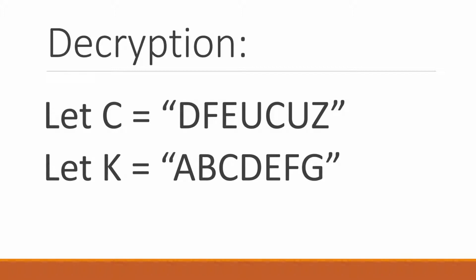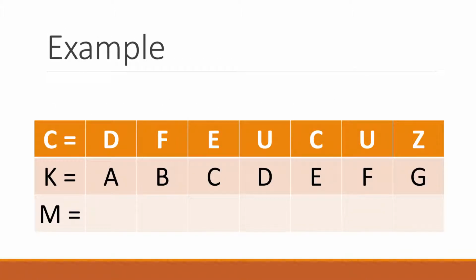Let's suppose that C is equal to D, F, E, U, C, U, Z, and let the key K be the letters A through G. Let's see if we can find the plaintext message. So if C were DFEUCUZ and K is just the letters A through G, let's see if we can apply the decryption method to find the plaintext.